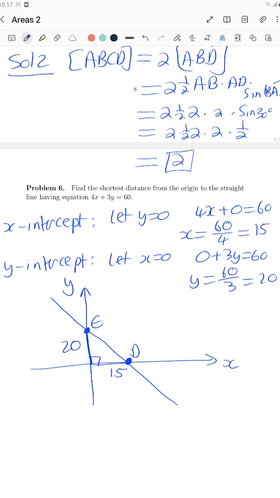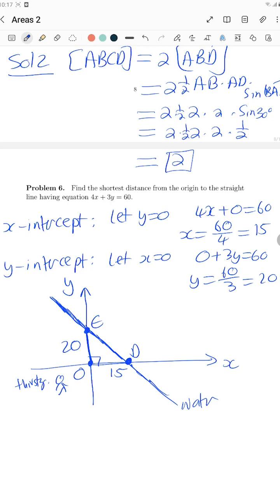All right. Now, the origin is where the x-axis and the y-axis intersect. And we need to calculate the shortest distance from the origin to the straight line. So imagine that this line is water. And you're at point O, and you are thirsty.